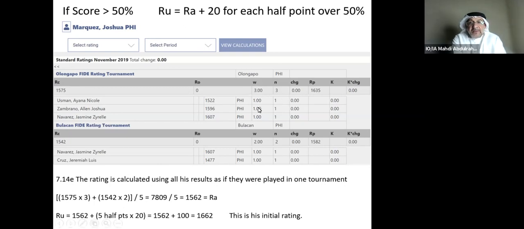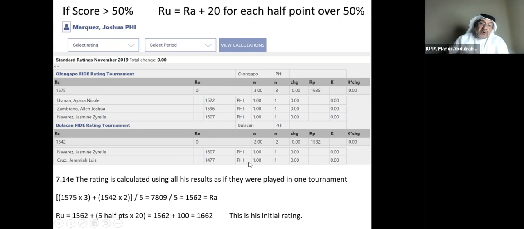W means the score. Here he won, he got 1 point. With the second one, Jishawa, he won again. Then he played with Jasmine, and he won. So the guy won 3 games out of 3, so he got full marks. And in the second tournament, he played with 2 players, and he won, and the second player also won.